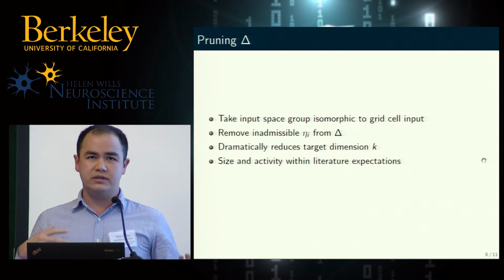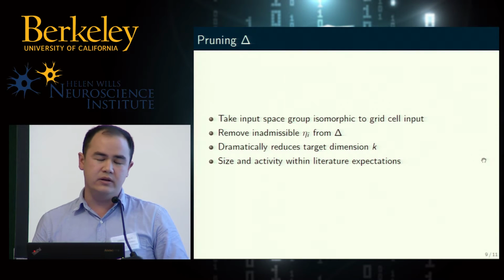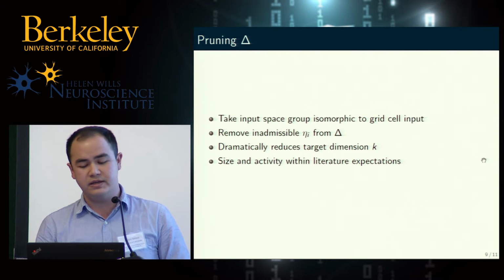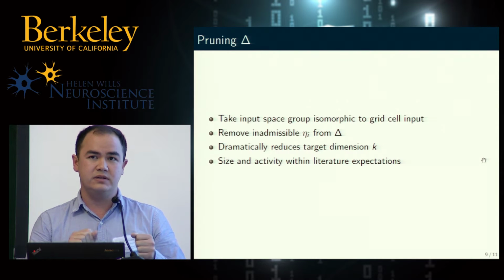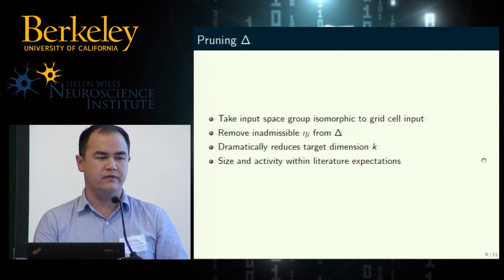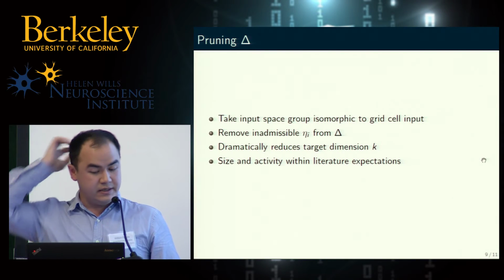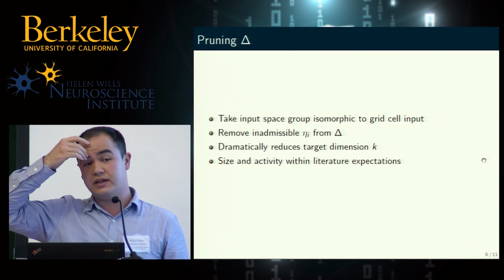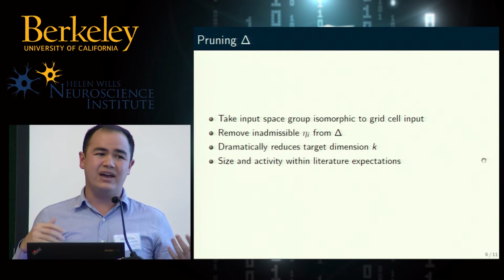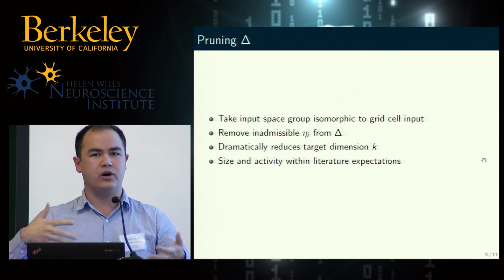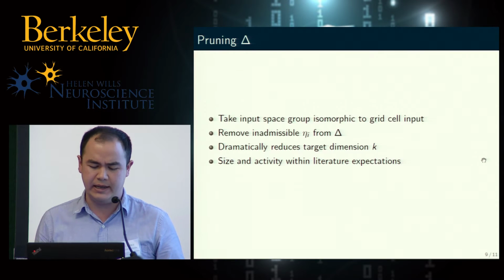What results is that we can dramatically reduce the size of the target space, and we can construct bounds for how large it will be. It gets a little fuzzy because it depends heavily on the periodicity and the spacing of your grid cells, but in general, we can still write good bounds for it. What's really nice is that the literature has expectations for the activity sparsity and the number of grid cells you have and how they're cast into the dentate. When we apply this reduction to our model, it still fits those definitions, in particular the expectations for sparsity. So that's really kind of neat.